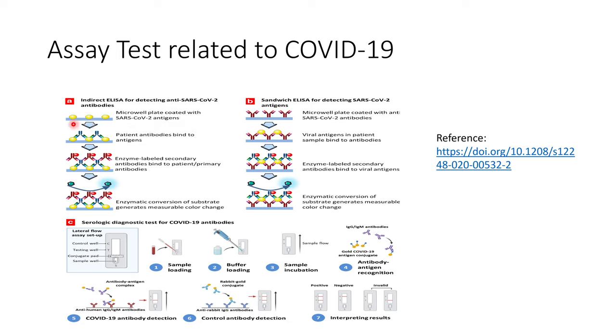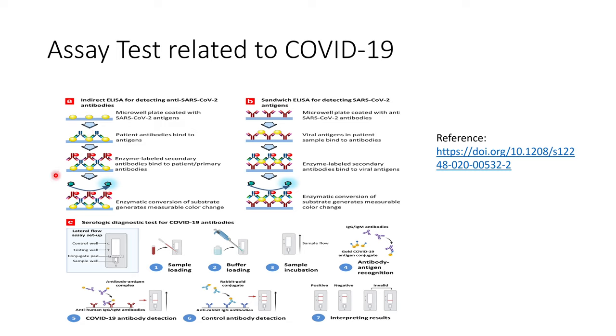Only the antibodies against SARS-CoV-2 will be able to bind to this antigen. So when the patient's antibodies run through this plate, if anti-SARS-CoV-2 antibodies are present, they will bind to this plate.